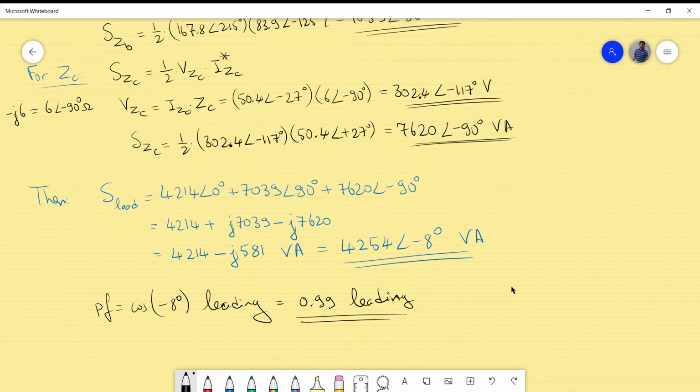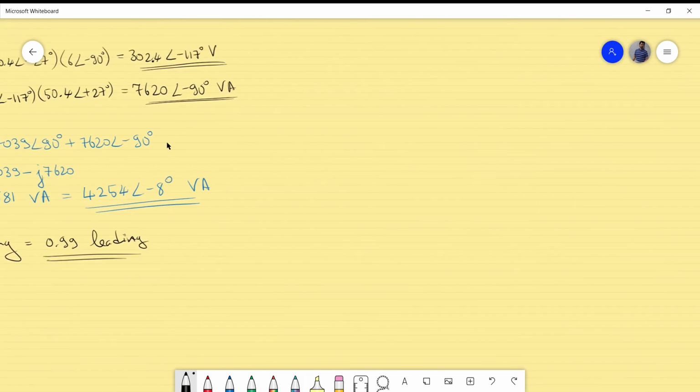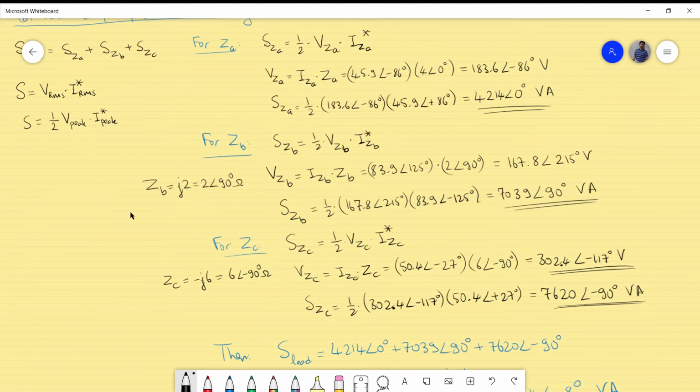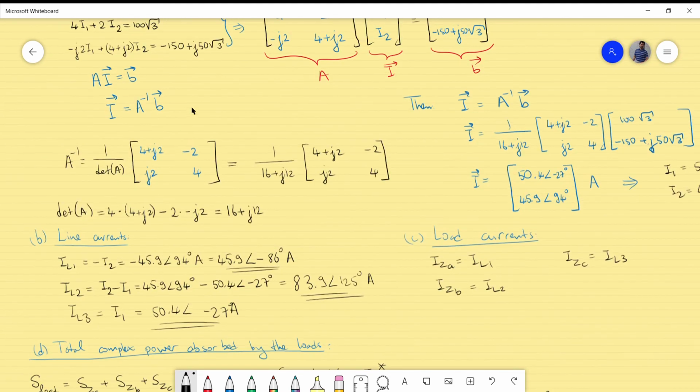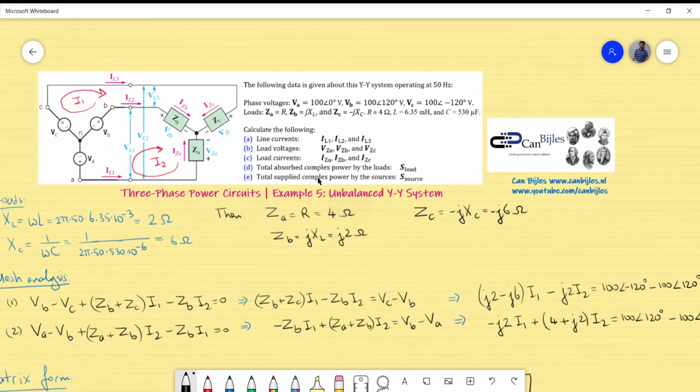So if you do the math again, the same procedure, for the sources, what do I have to do? If you look at the circuit diagram, I will need to calculate the total complex power supplied by the voltage sources.